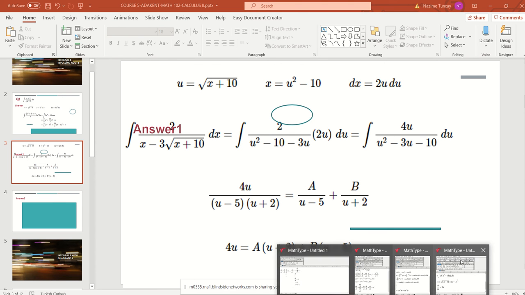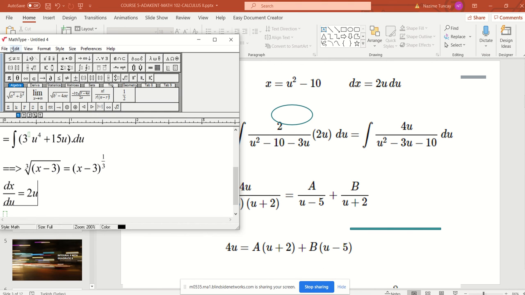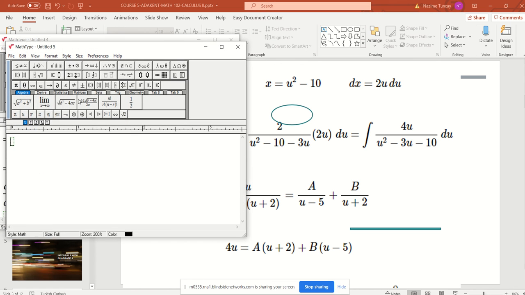I will open a new one, and here we have u square minus 3u minus 10. You know from the sum and product method that the sum is minus 3 and the product is minus 10.